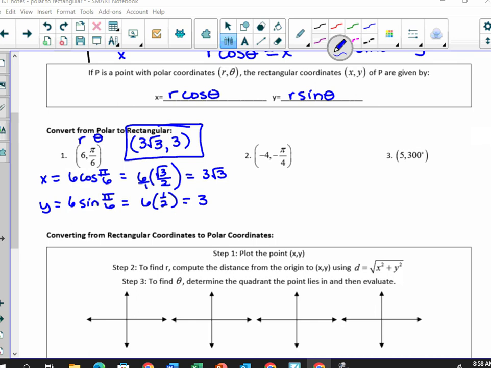Check in with each other. Are you guys all in agreement that radians are better than degrees?